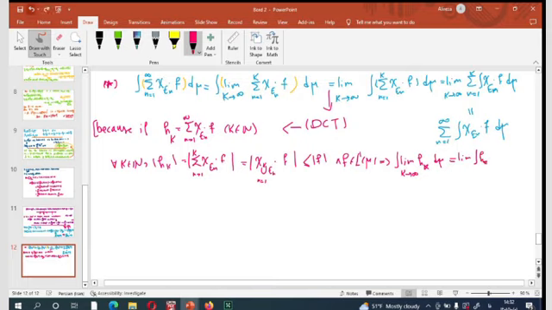Okay, the integral of the limit of Hk, this is our Hk, equals the limit of the integral of Hk. This whole point is DCT, the dominated convergence theorem.